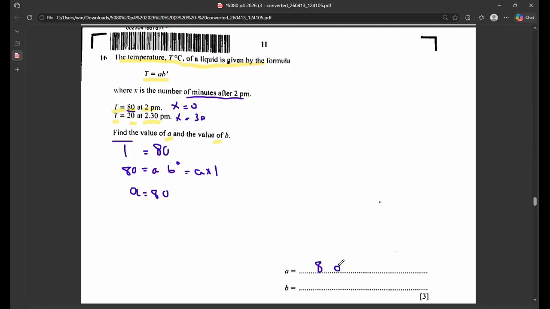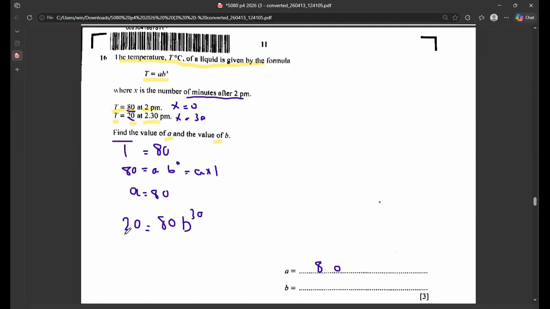We can get the value of B when T equals 20. The A is 80 and the X is equal to 30 here.